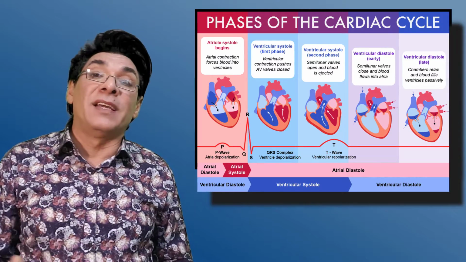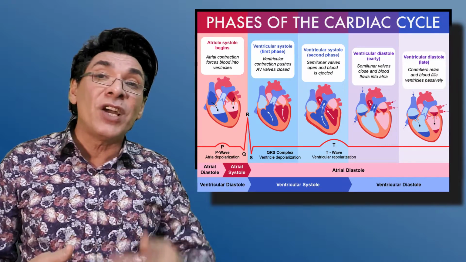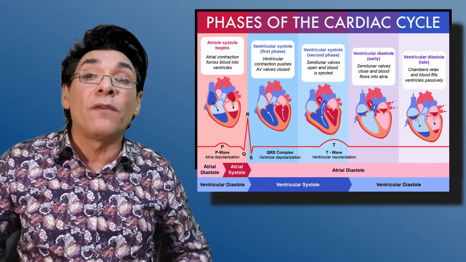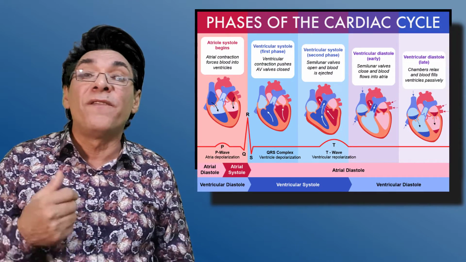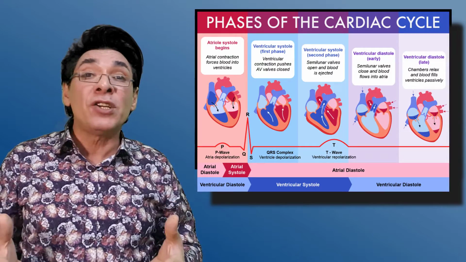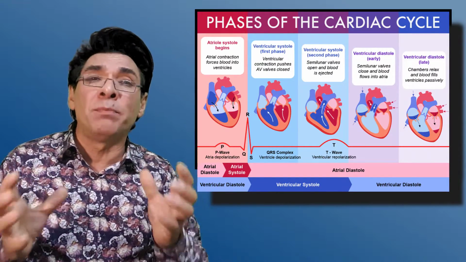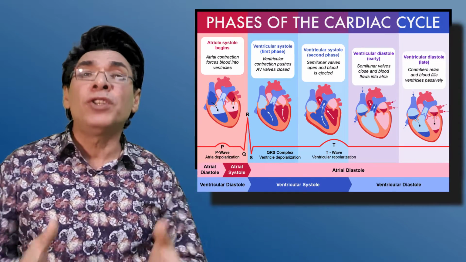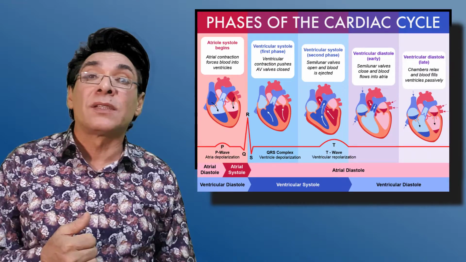In the second phase of ventricular systole, the ventricular ejection phase, the contraction of the ventricular muscle has raised the pressure within the ventricle to the point that it's greater than the pressure in the pulmonary trunk and the aorta. Blood is pumped from the heart, pushing open the pulmonary and aortic semilunar valves.